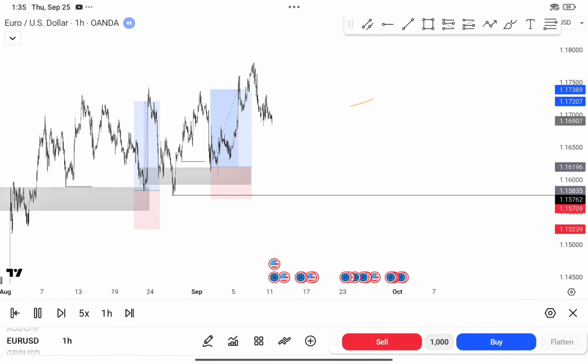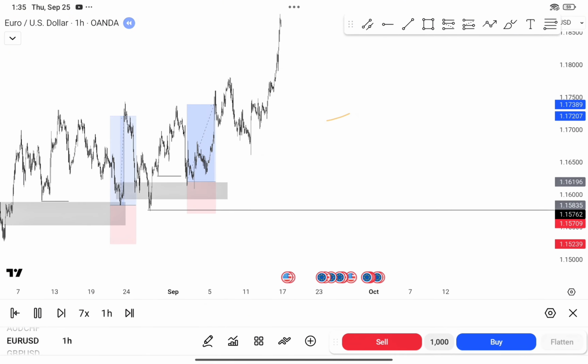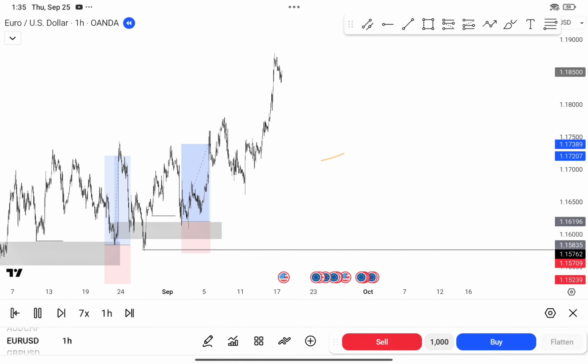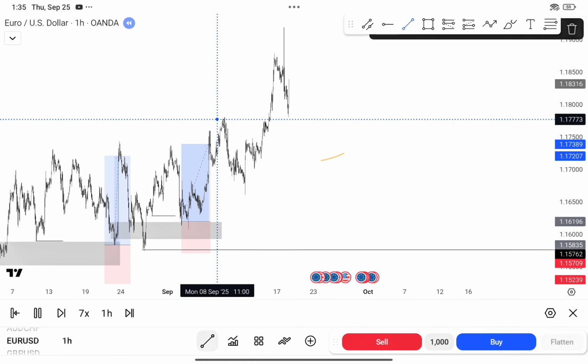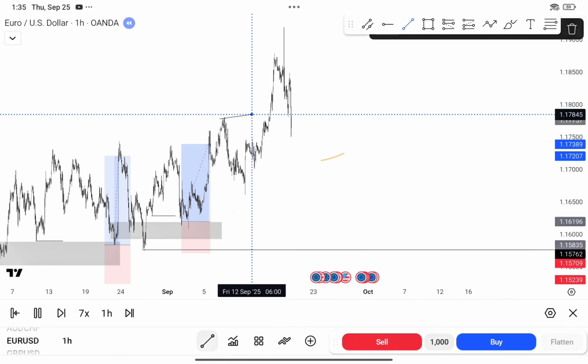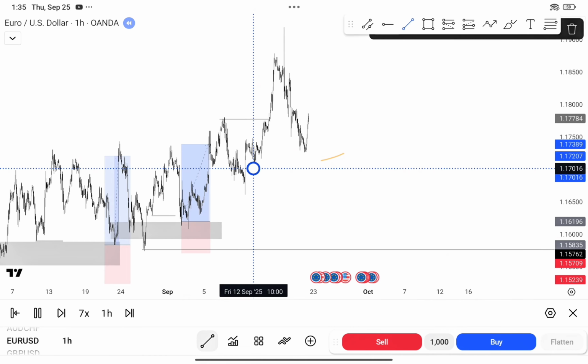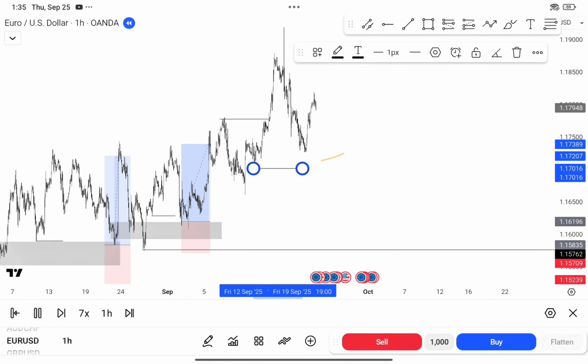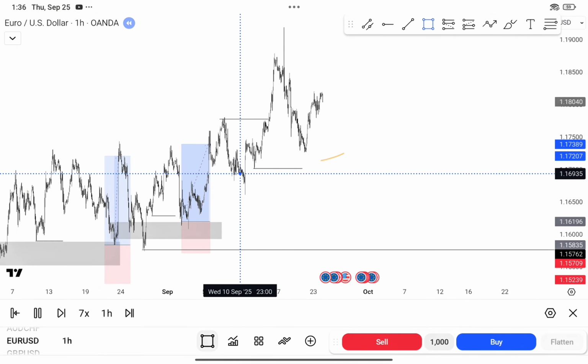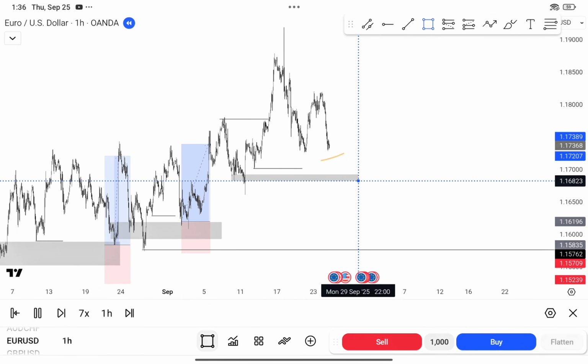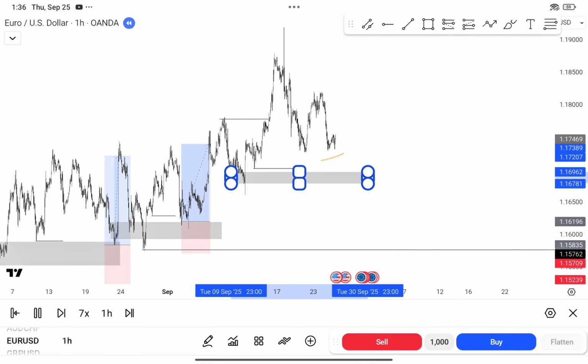Let me see if I will get another one. Wow, we broke this high. This high was broken. And then this is our inducement. This is our reclaimed block.